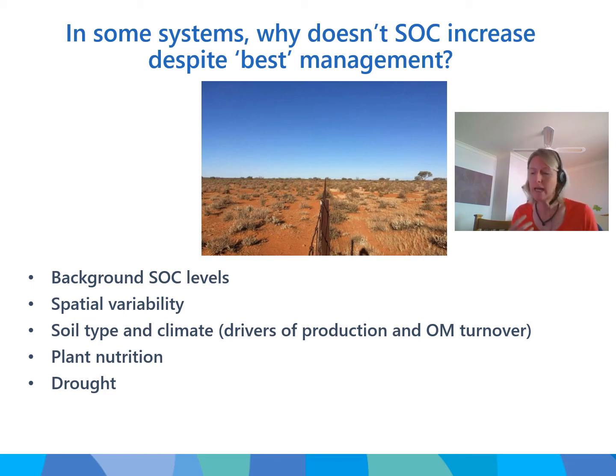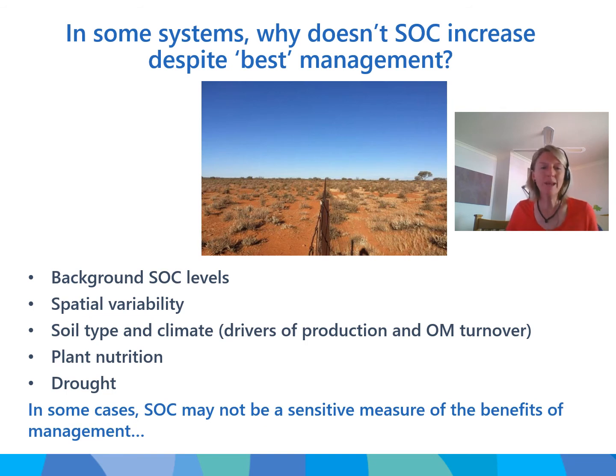So it can limit the amount of photosynthesis that's happening. It can also influence the decomposition process as well. And in some cases, soil organic carbon just might not be a sensitive enough measure of that management change. But it doesn't mean that it's not an important measure to take notice of.